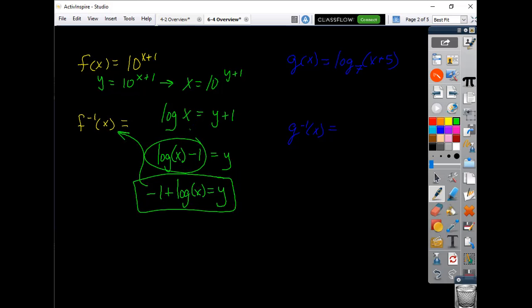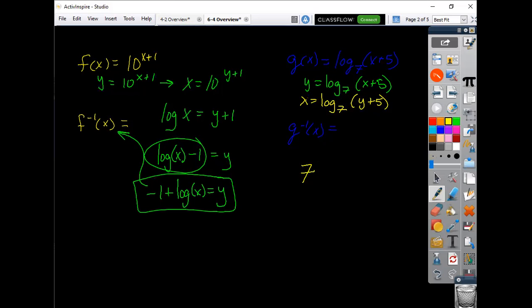What about if we have log base 7 of x plus 5 and we want the inverse of that? Well, remember when you're doing that again, this is like y equals, and you switch your x and your y around. And now you got to solve for y. And remember your variable, if you're trying to solve for it in here, you have to change back to an exponent problem.